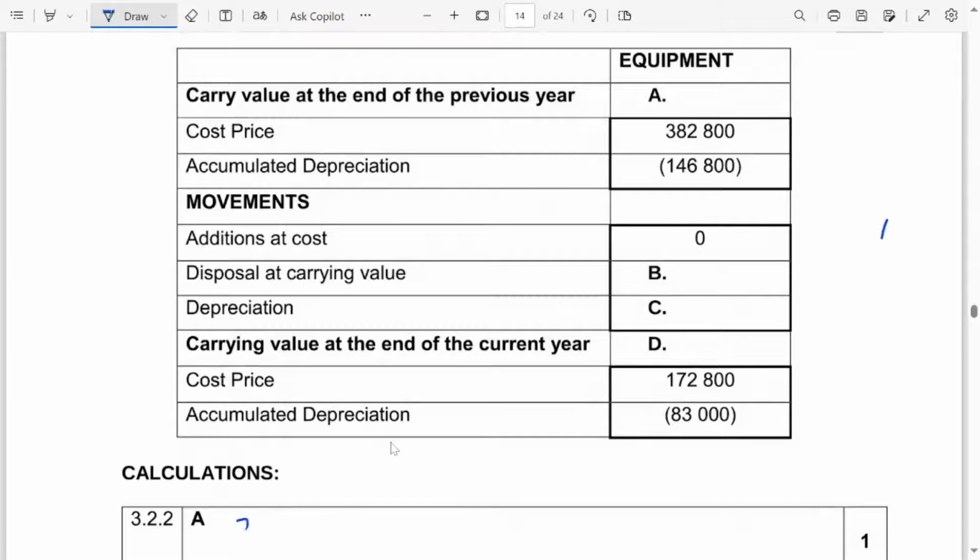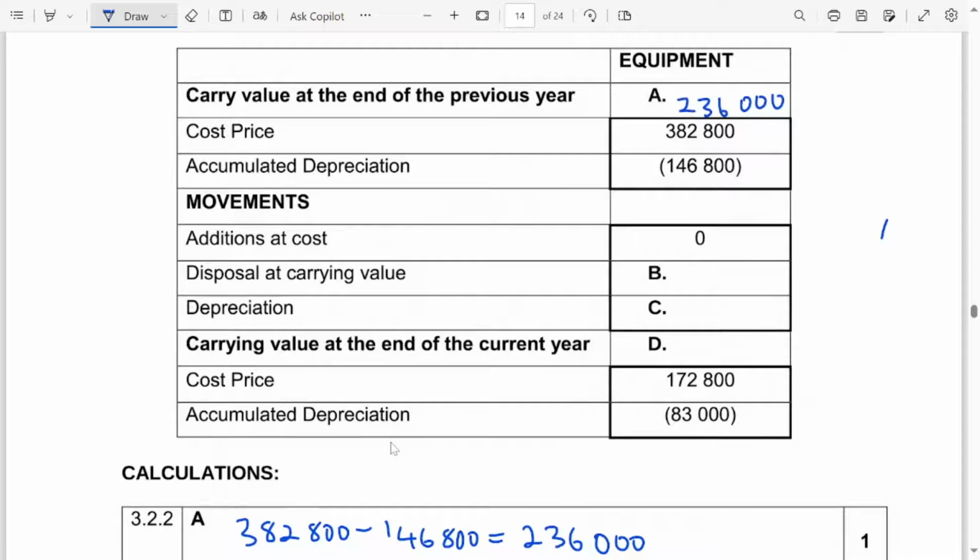So the cost price is 382,800 minus 146,800. That is going to be 236,000.